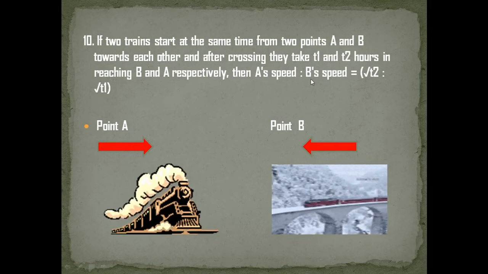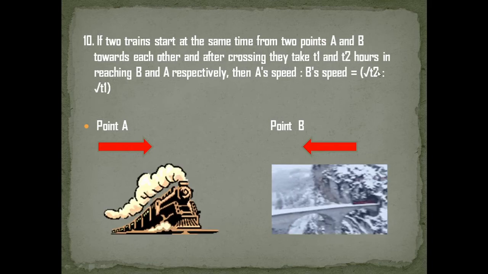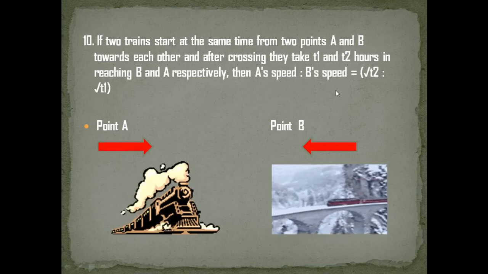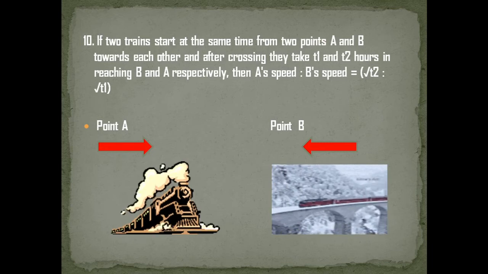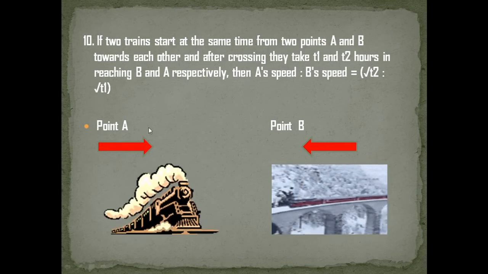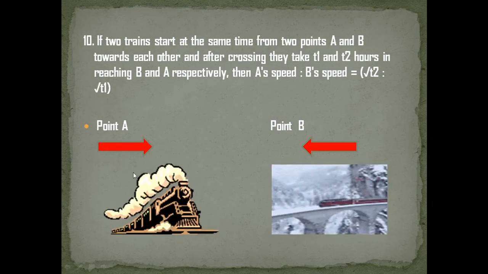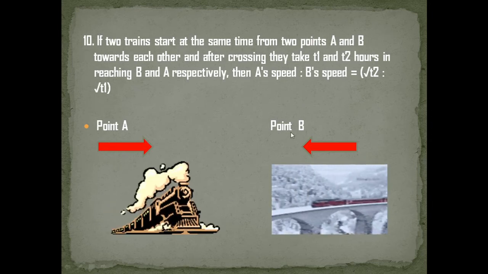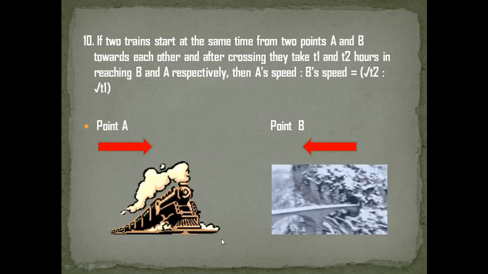Then the ratio of A speed to B speed will be square root of T2 is to square root of T1. Let me make it clear. If two trains start at the same time, so the starting time is the same for both trains. This one is going to start at point A, this train is going to start at point B, and they are moving towards each other. Okay, and they cross each other.